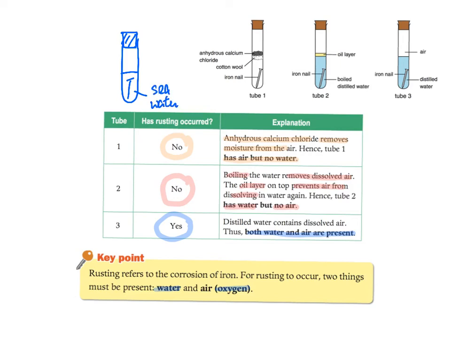The difference between seawater and distilled water is that seawater not only has water, but also contains some soluble ionic compound, for example, salt, NaCl. So if I put an iron nail into the seawater, the rusting process will be even faster than in normal distilled water. Later on, you'll learn that there are some factors that will speed up the rusting.